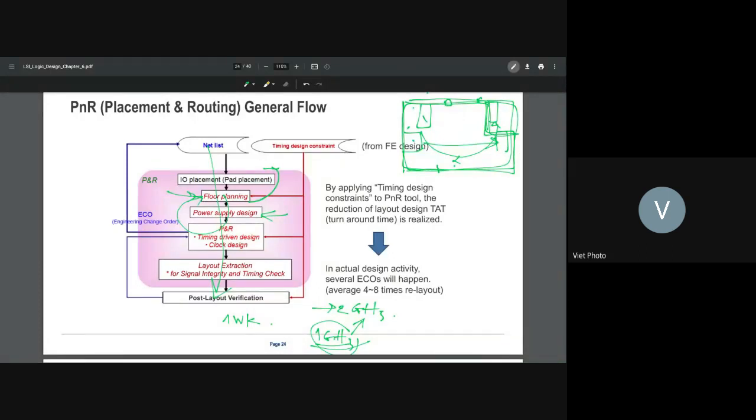The next aspect of the floor plan is that we will do the I/O, because the block needs to be interfaced with the other blocks, right? So it interfaces through the input and output pins. So you put the input here, or here, or here, whatever. So how do we do that? Again, negotiation with the other block owner. Here I have a block, here I have a block too. Usually whenever the signal talks to the other block, we put the pin close to that block, right?